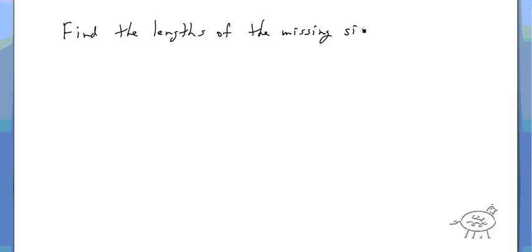Let's do one with a variable in it now. It's a little tricky, and the question I'm going to ask you is this: find the lengths of the missing sides. And here's your triangle.